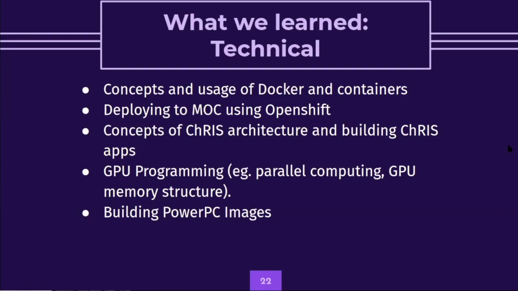Thirdly, we learned a lot about the concepts involving the ChRIS architecture and also how to build the ChRIS plugins that we built for our project. Fourthly, we learned about GPU programming, specifically parallel computing and GPU memory structure. And lastly, we learned a lot about how to build PowerPC images in particular, because those were the images that we were really interested in building this semester.